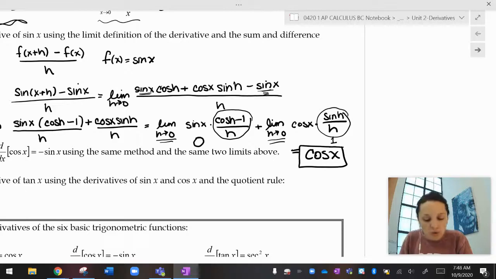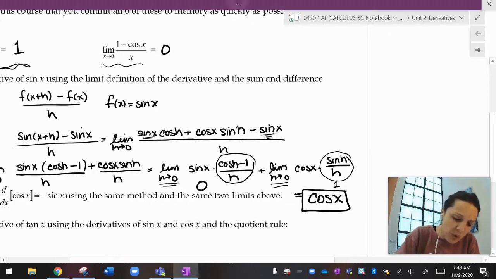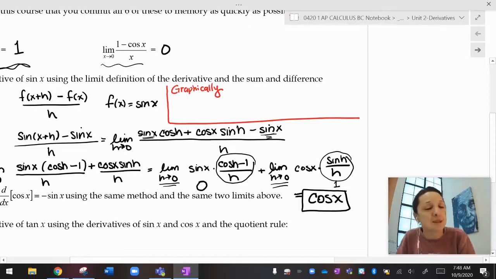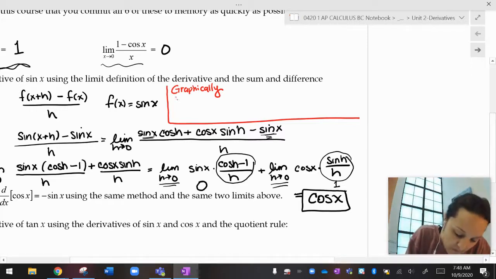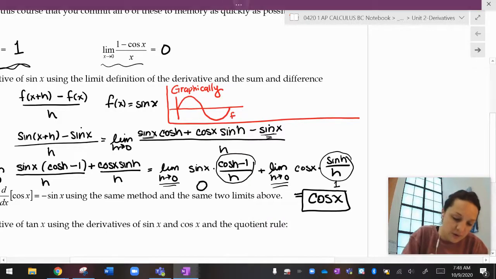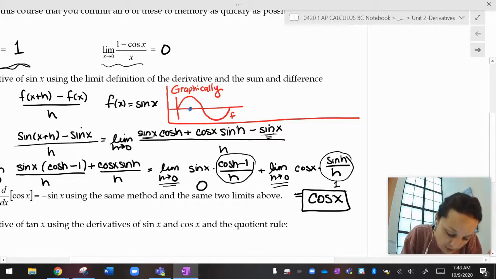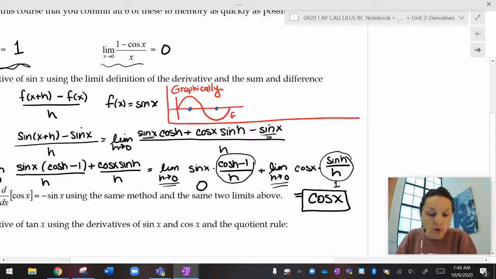Now, I can also show you this graphically. Graphically isn't a proof of why the derivative of sine x is cosine x, but it is a very visual justification. So if I have the graph of sine x, which is f of x, and I want to draw the graph of f prime: whenever f has a relative extrema, or whenever f has a slope of 0, f prime has an x-intercept, and f is increasing before that and decreasing after and then increasing.